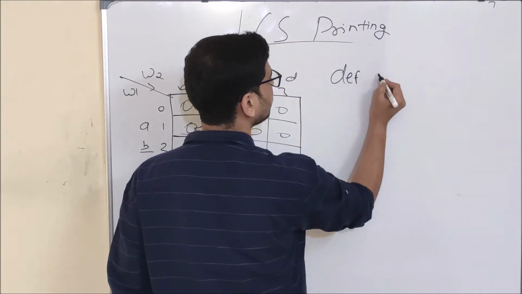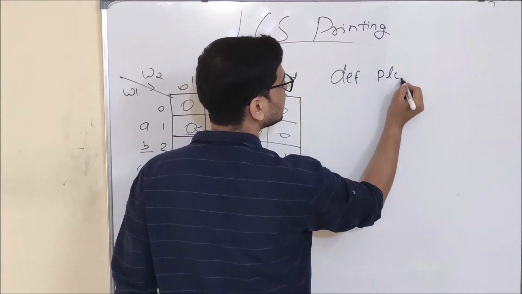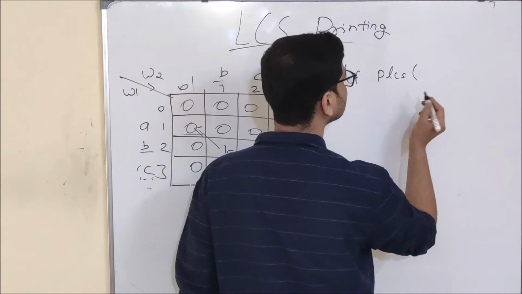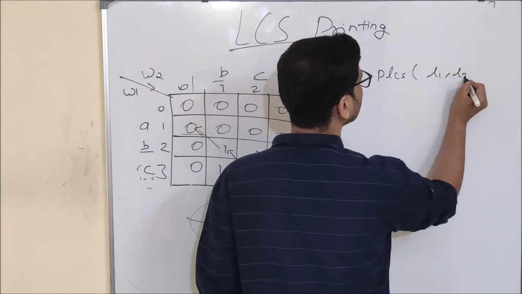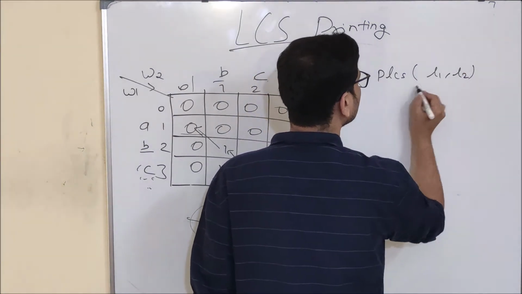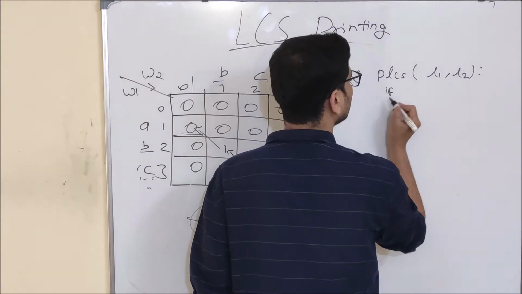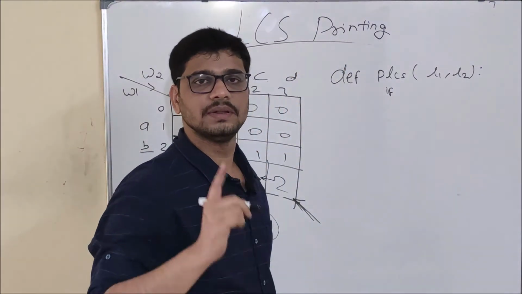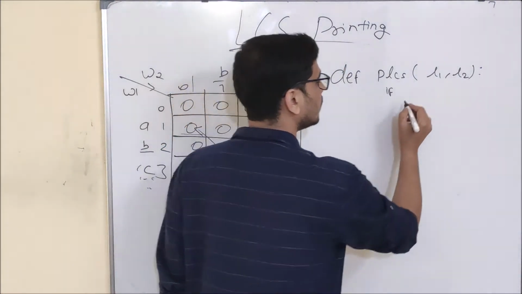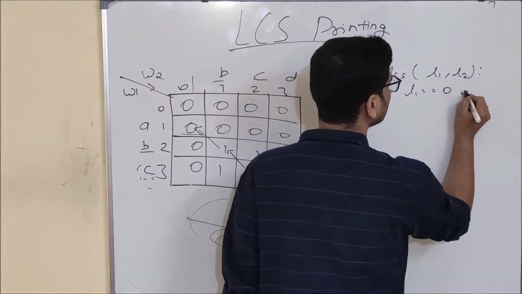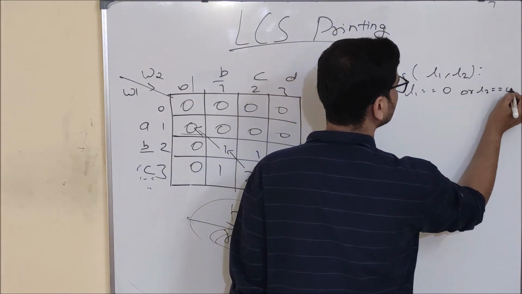I am giving it the name PLCS. It will take two parameters, L1 and L2. First of all, it will check the condition: L1 is equal to 0 or L2 is equal to 0.